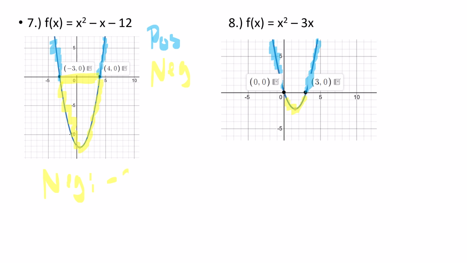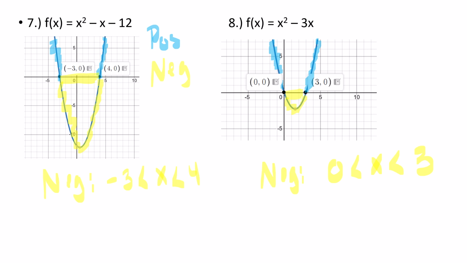And so that would be -3 is less than x is less than 4. Over here, it's between 0 and 3, and that I did do on purpose. So that is 0 is less than x is less than 3, because zeros tend to throw students off. They think, what? I can't have a 0? Yes, you can. 0 is fine. This is a number.